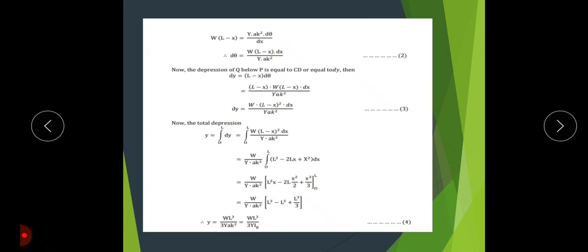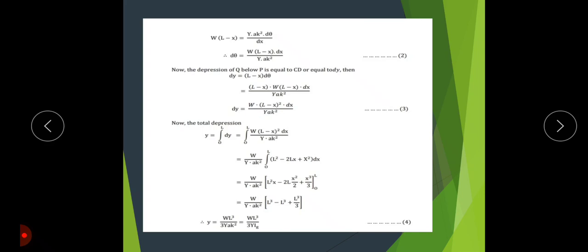So dθ can be written as dθ is equal to w into (L minus x) into dx, whole divided by Y A k square. This is taken as equation number 2.